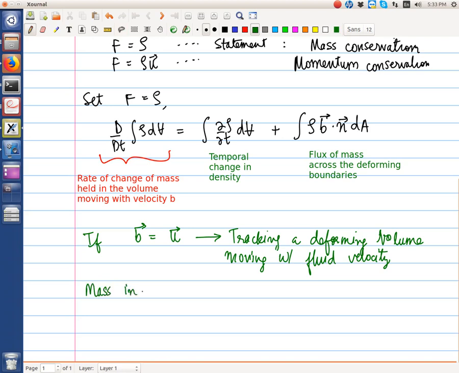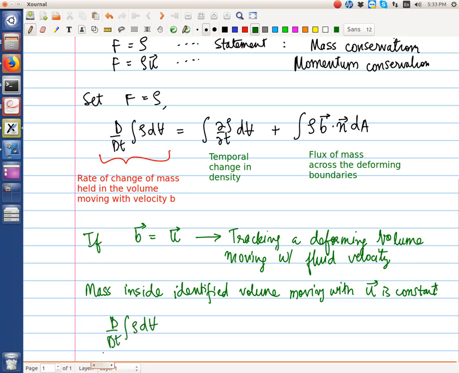The mass held inside an identified volume moving with the fluid velocity is always going to be constant, because there is no generation or reduction of mass. Therefore, the d/dt of integral rho dV is equal to 0.